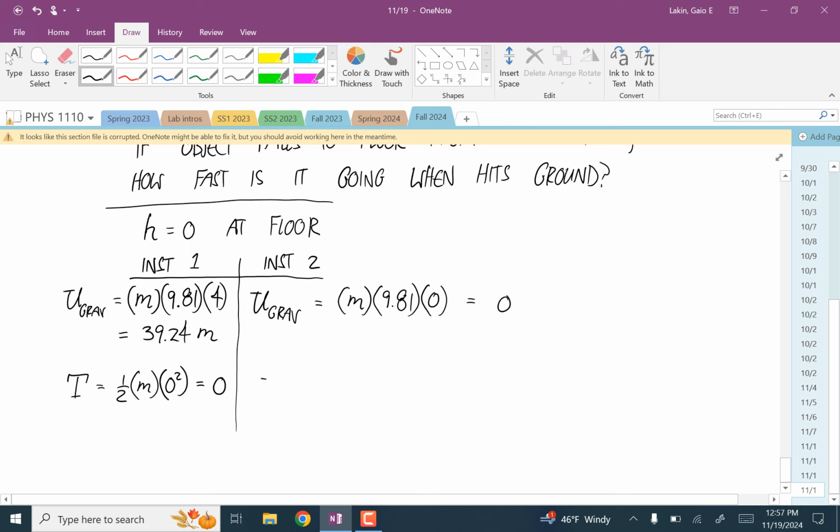And the kinetic energy at the later instant, we don't know the speed now, right? We're trying to find that. So I'm just going to leave that in here as v, and we'll solve for it. So this is equal to 1/2 times the mass times v squared. So I'll just write that as 1/2 mv squared.